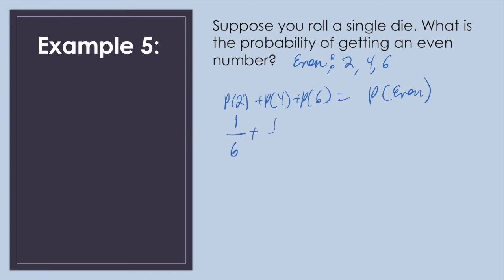So that would be 1/6 plus 1/6 plus 1/6, which gives us 3/6, which is a half. That's the probability of rolling an even number. And you might have been able to tell me that right from the get-go. Hey, Miss Miller, there are 3 even numbers. That's 3 out of 6 possible options. It'd be a half. But I wanted to make sure we did an or example.